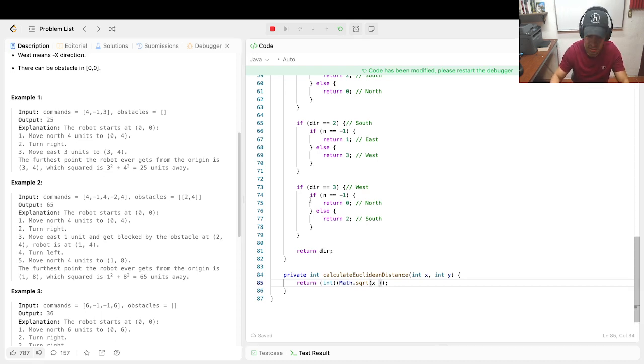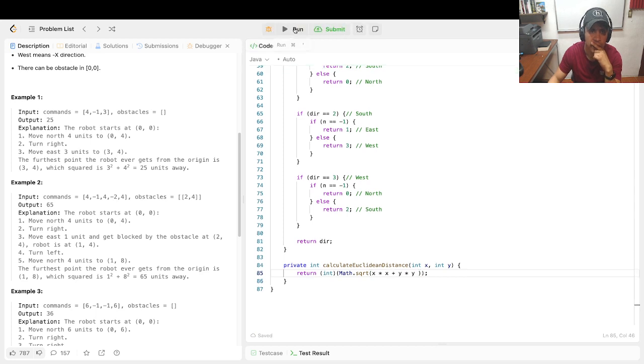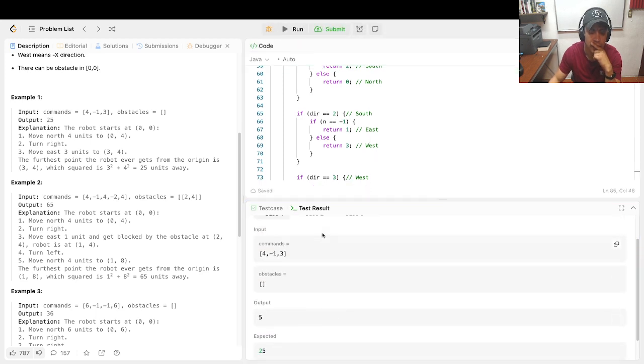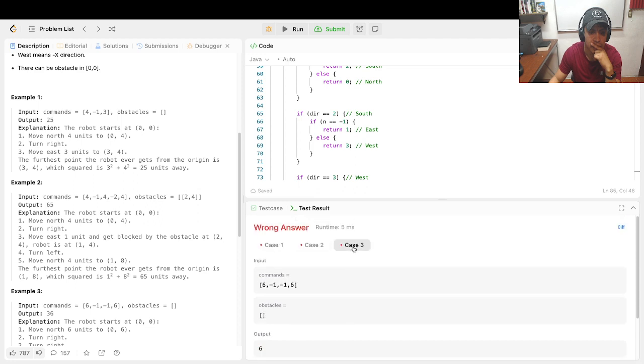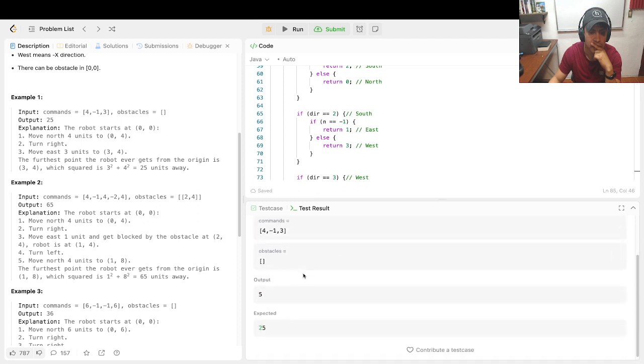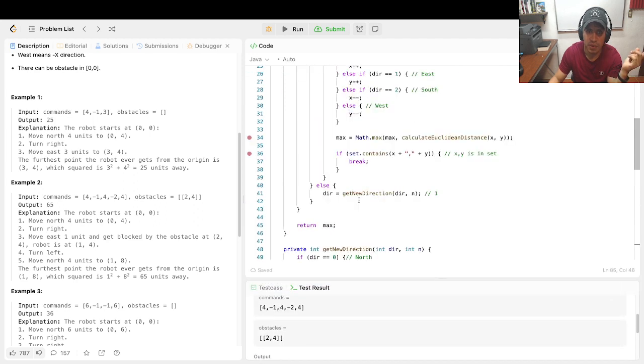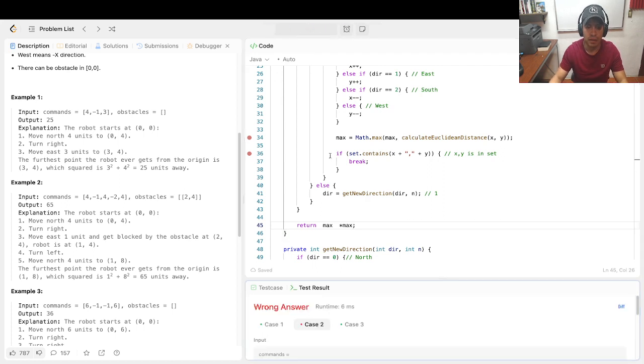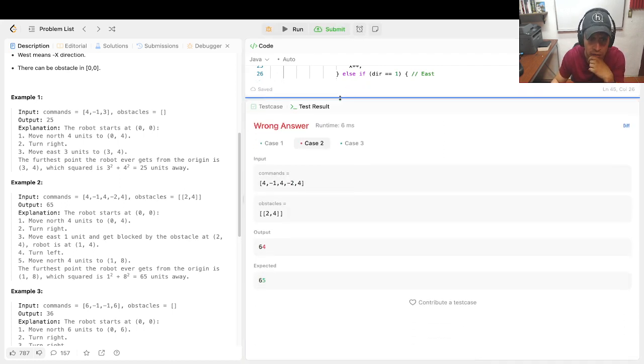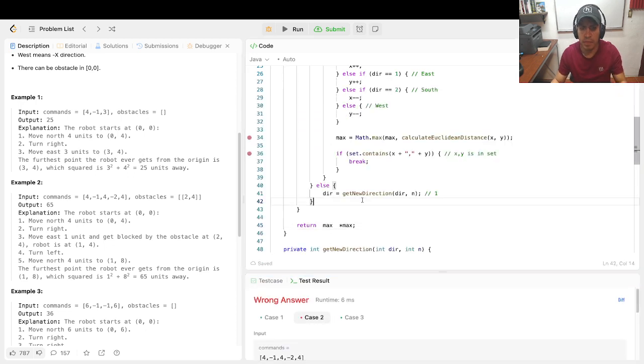Okay, is this x plus y for y? Oh, but I have this. It only returns this value multiplied by itself. No, why not? No, it's wrong.